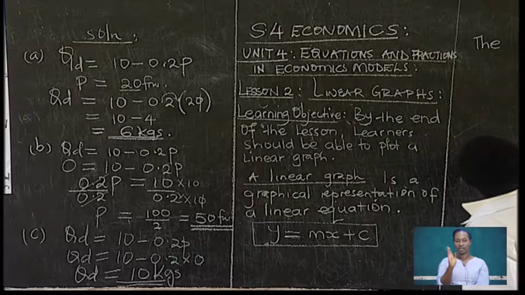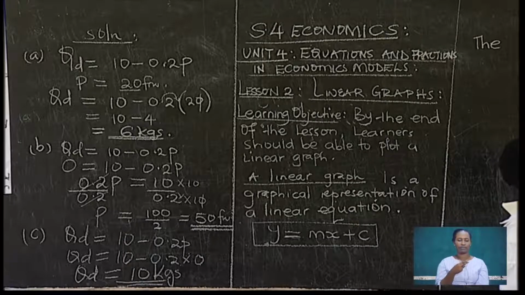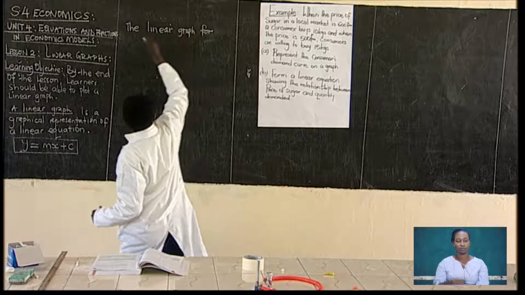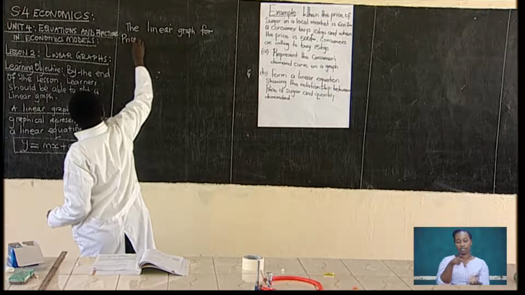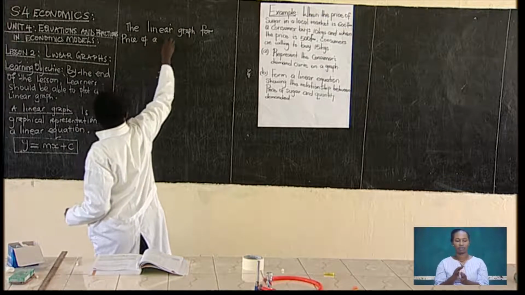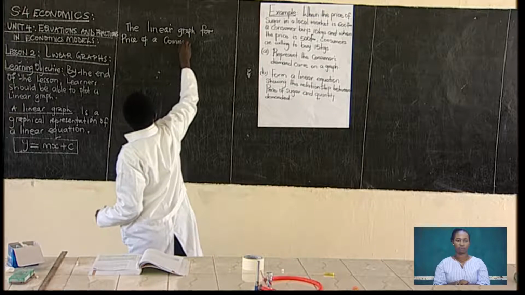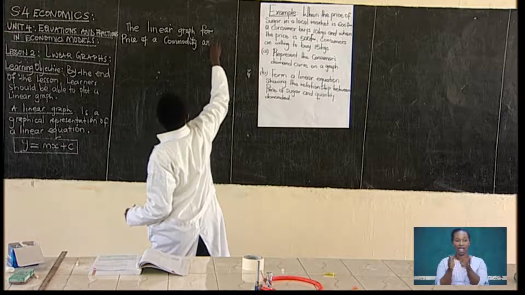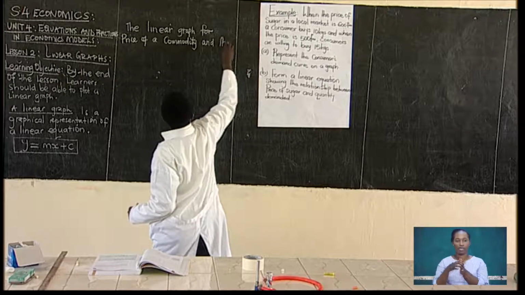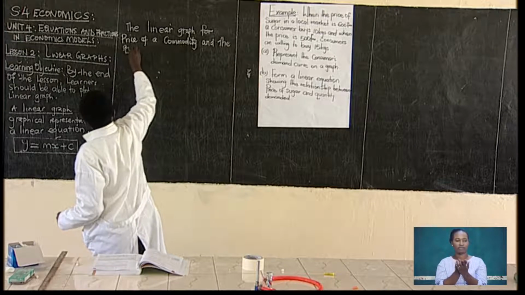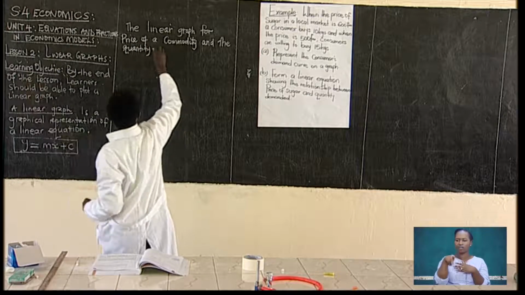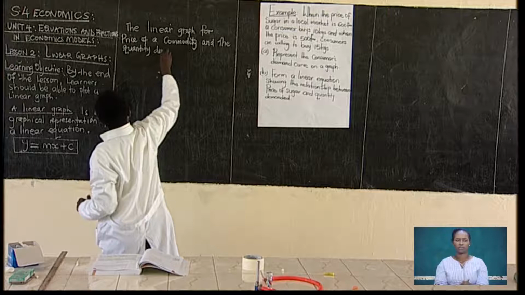So we can ask, how can we generate the linear graph for the price of a commodity and the quantity demanded? How would this graph be? How can we generate this?